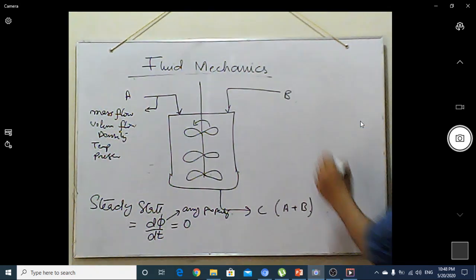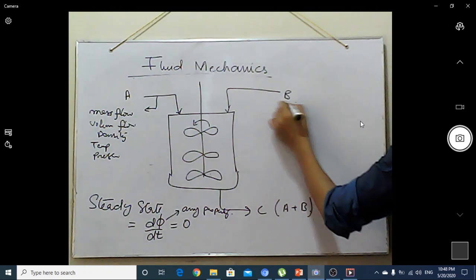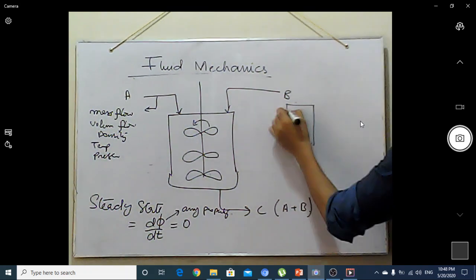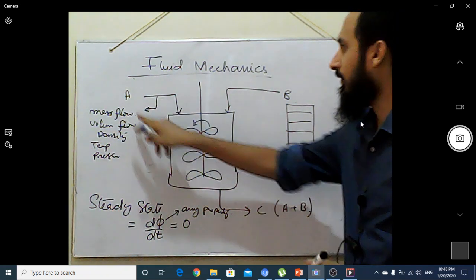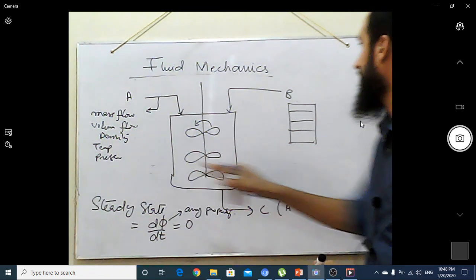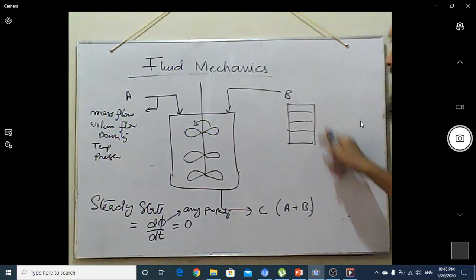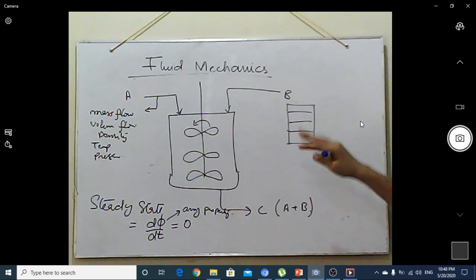Similarly, you are watching all these things for B. If the values of all these parameters for A and B are the same and do not change with time, we categorize it as a steady state.